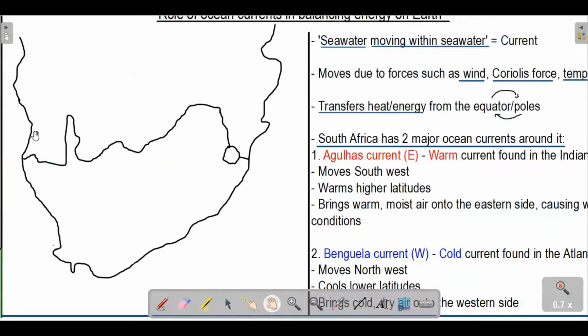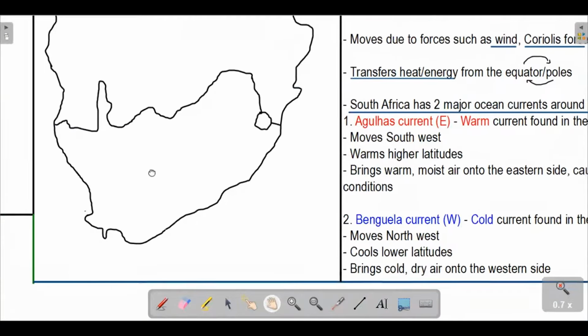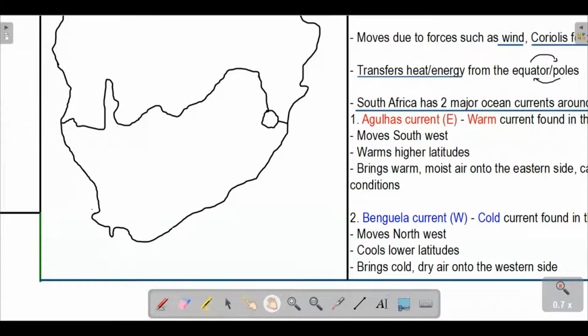So this is the country, South Africa, and just Africa as a whole actually has two major oceans around it. So on the east, which is the right hand side, what do we have, guys?